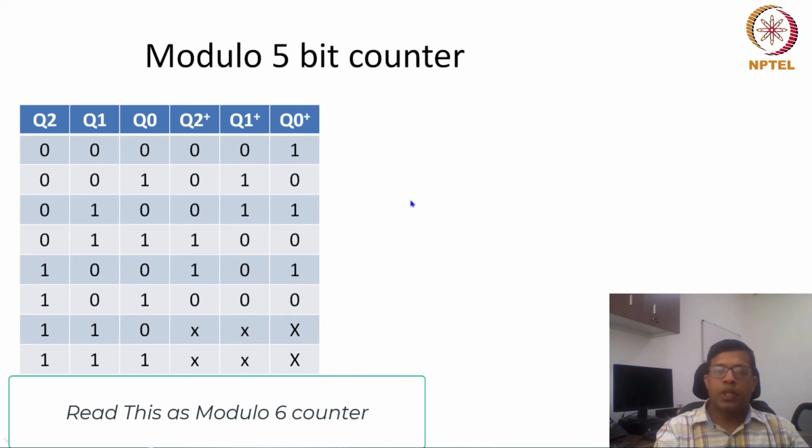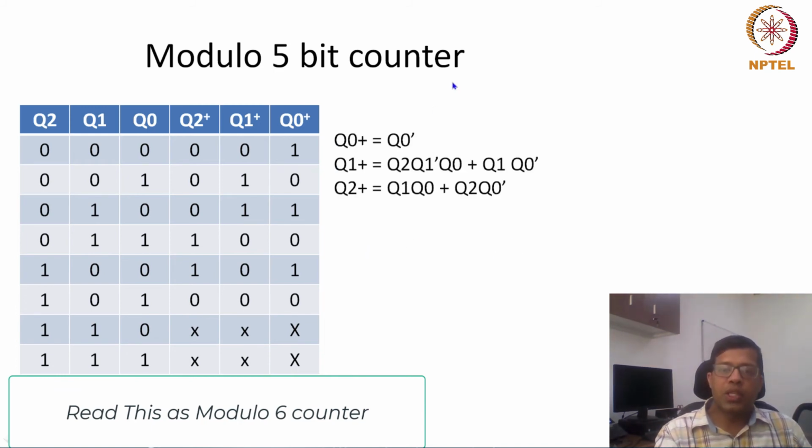Now to solve this, again we have to write K-maps for Q0 plus, Q1 plus and Q2 plus. Now we can try to take advantage of this don't care condition wherever it is possible, and then we can see that Q0 plus would again be equal to Q0 dash.